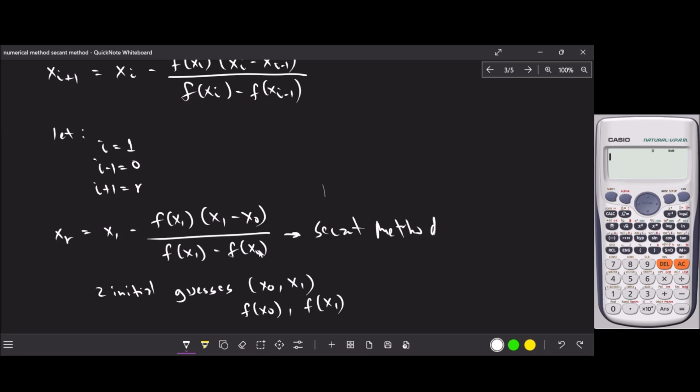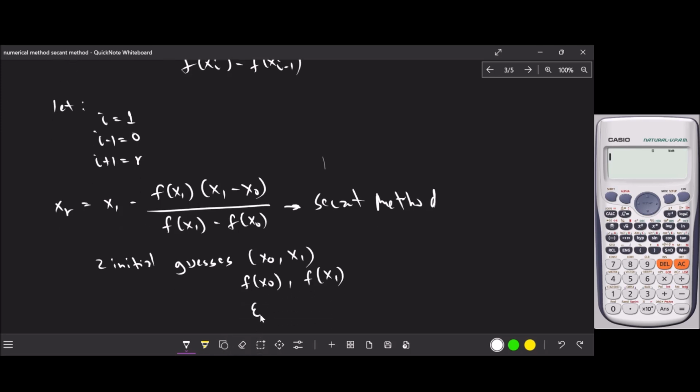We get the xr and compute the absolute error, the EA, until we reach an acceptable percentage, maybe 0.05% or 0.01%, depending on the acceptable error for that type of computation.